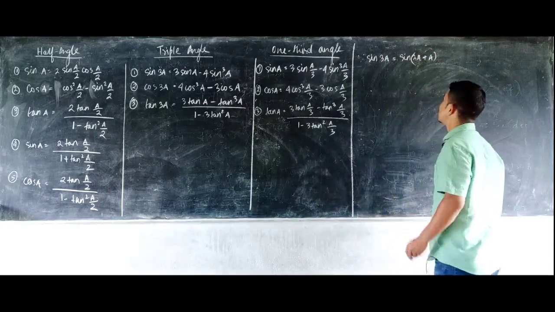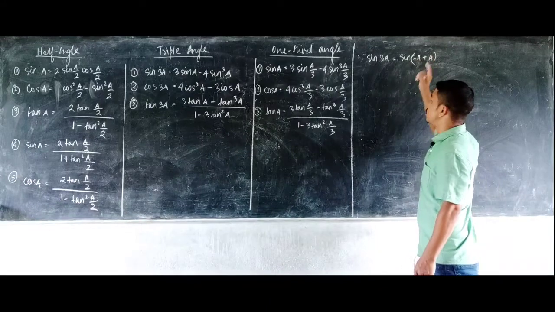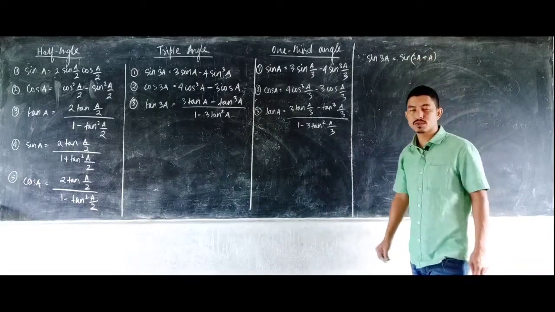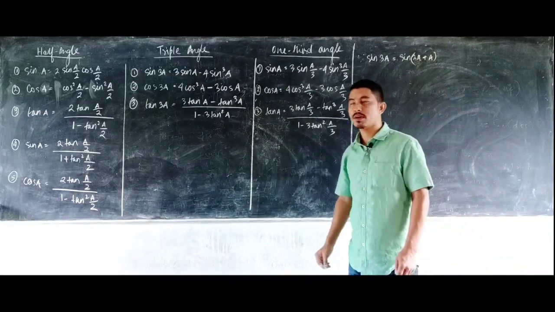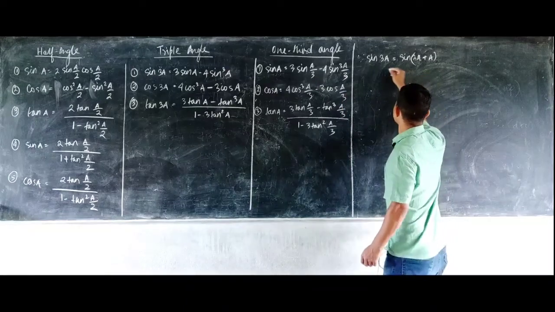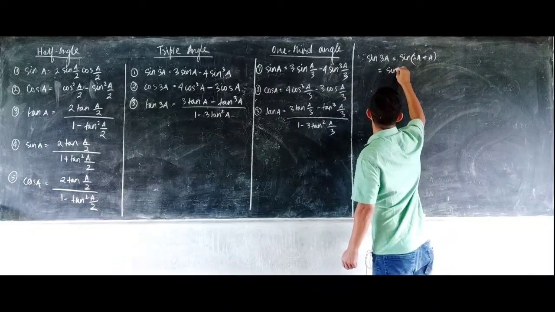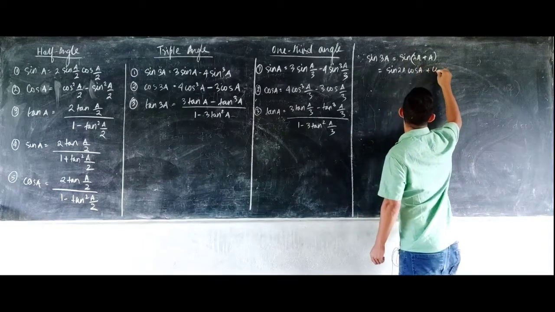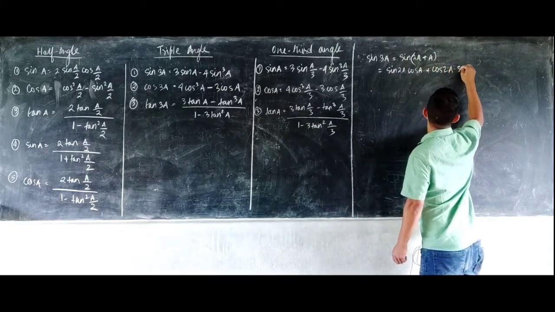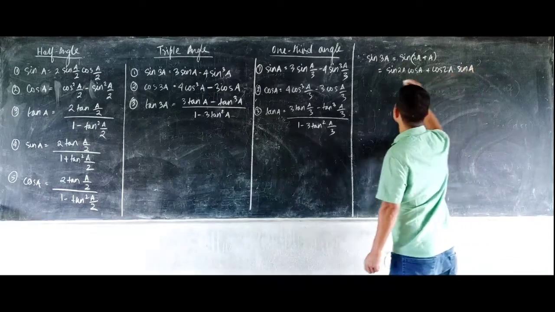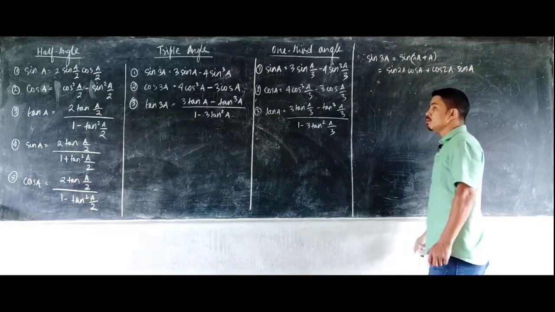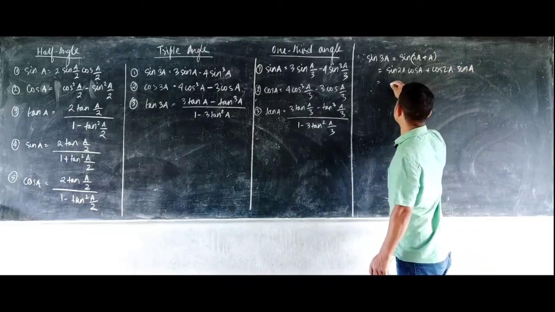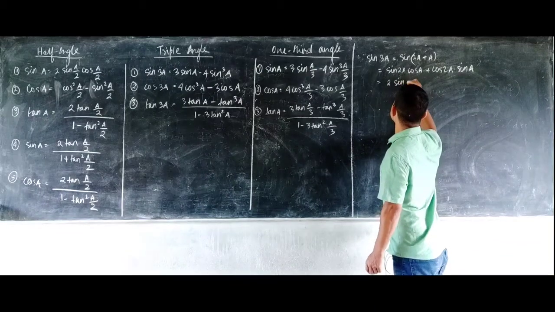Now we can apply the formula of sine of a plus b, which is sine a cos b plus cos a sine b. So I will write this as sine 2a into cos a plus cos 2a into sine a.